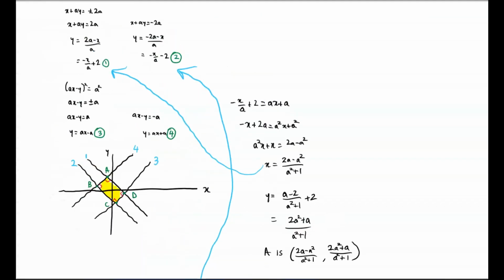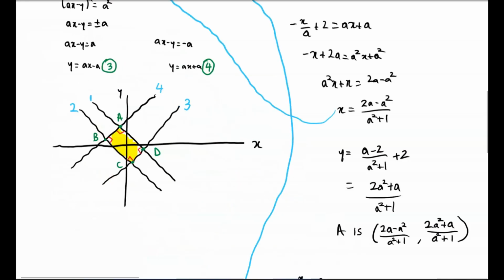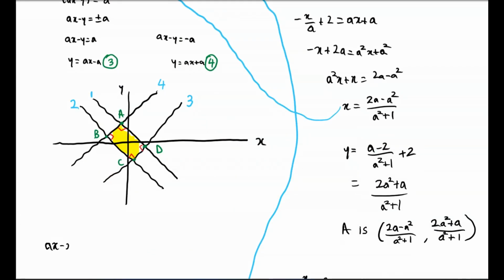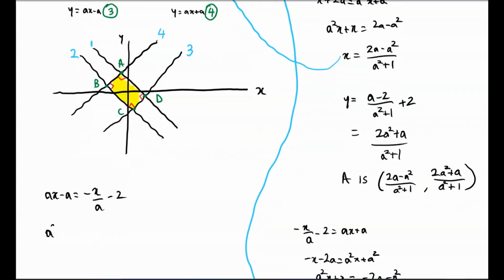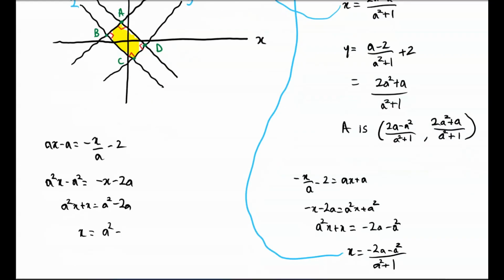Now let's find point C, which is where lines 3 and 2 intersect. So when this happens, we're going to have ax minus a is equal to minus x over a minus 2. Again, multiplying by a, we get a squared x minus a squared is equal to minus x minus 2a. Isolating our x's, we get a squared x plus x is equal to a squared minus 2a. And this gives us that x is equal to a squared minus 2a over a squared plus 1.